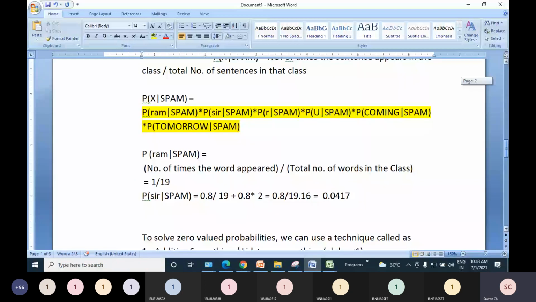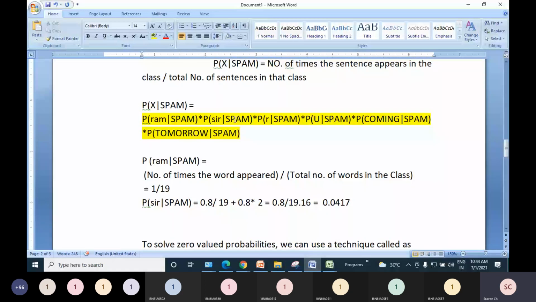Sir by spam was 0, so I calculated it, and it now became 0.0417. Now similarly I need to do the calculation for R by spam. R is also not there, so its value will be the same, 0.0417. U is there once, so it will be 1 by 19. Coming by spam, again it is 0, so 1 by 19.